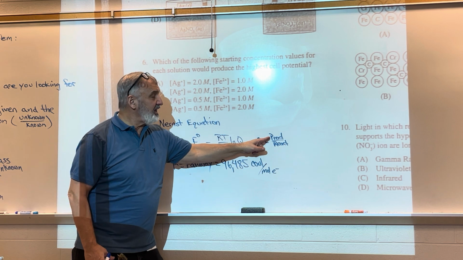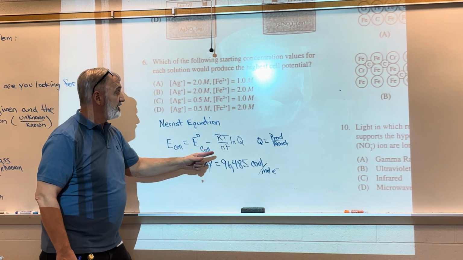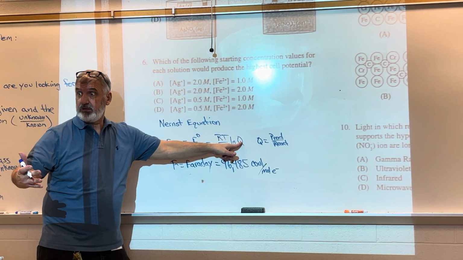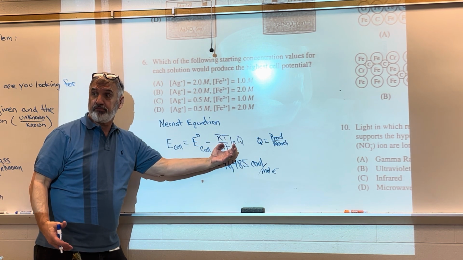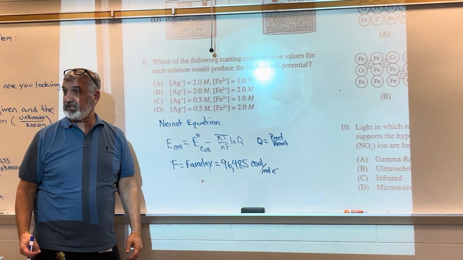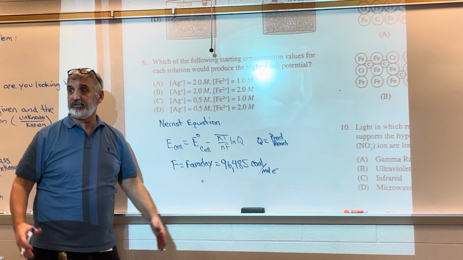So if products are greater than reactants, then Q is going to be a number greater than 1. What's the natural log of a number like 5?